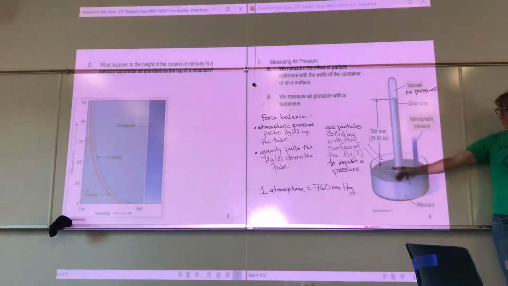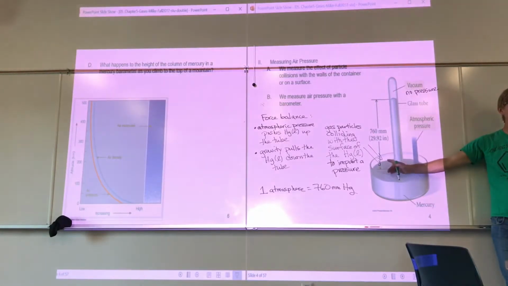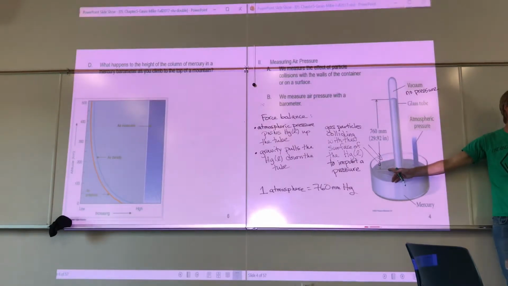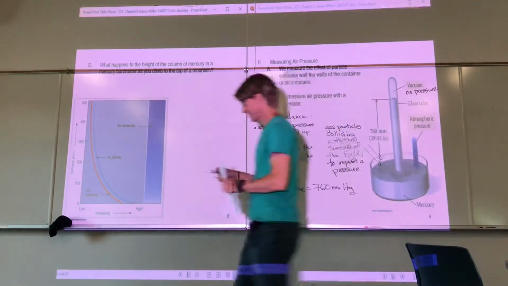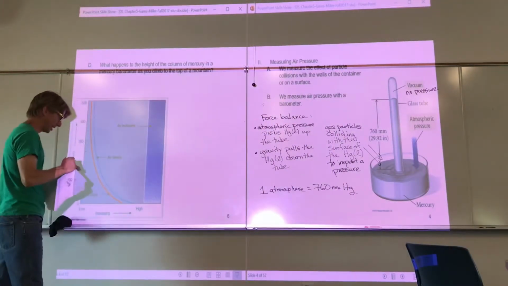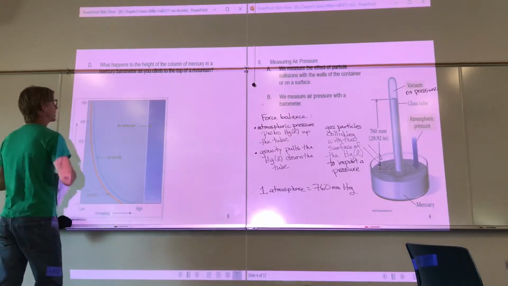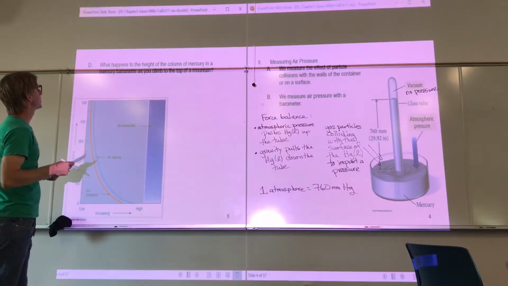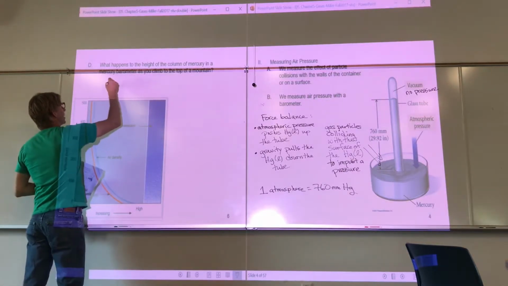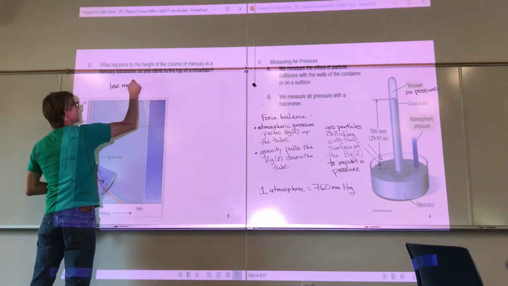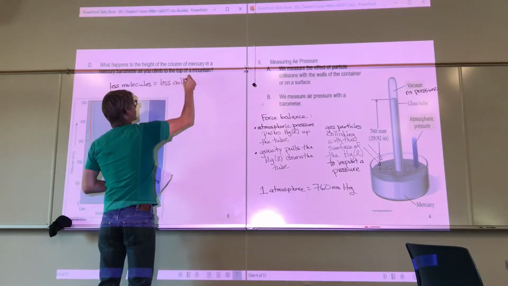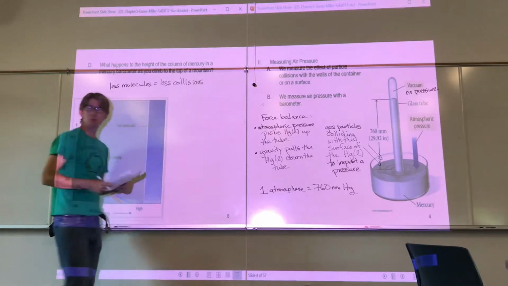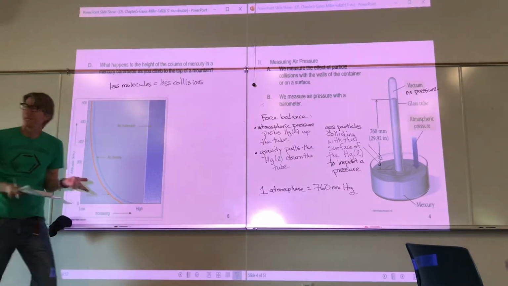It's lower because there are fewer molecules that are still moving at the same speed, but fewer molecules means fewer collisions, means less pressure. And that's what I want to write here. So, fewer molecules equals fewer collisions equals less pressure.